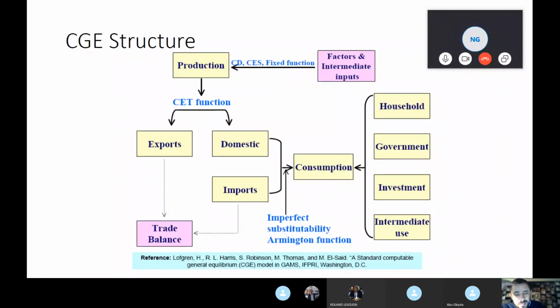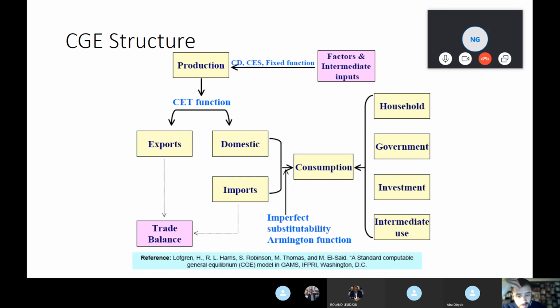Once we have this total supply on the domestic market that originates partially from domestic producers or from the rest of the world, these goods will be used by four main categories. First, households will have their final consumption. Government will also buy some goods and services. And that's the G in our Y equals C plus I plus G plus X minus M.